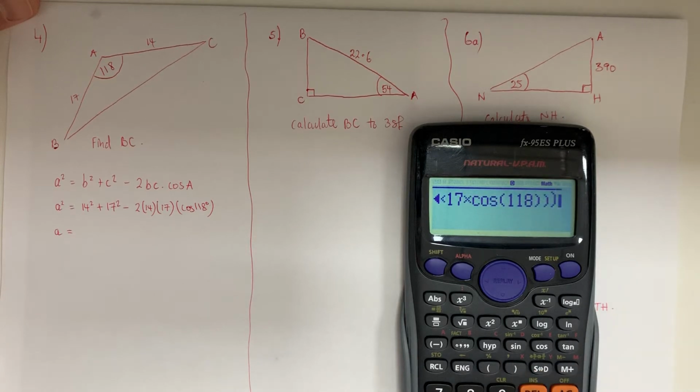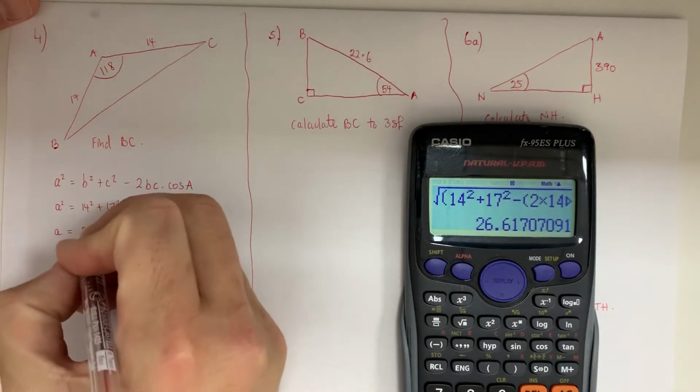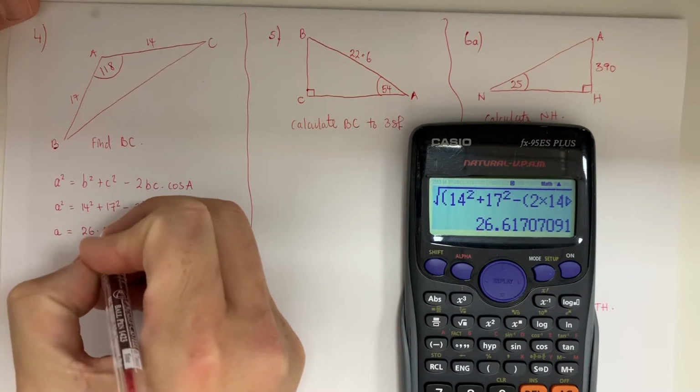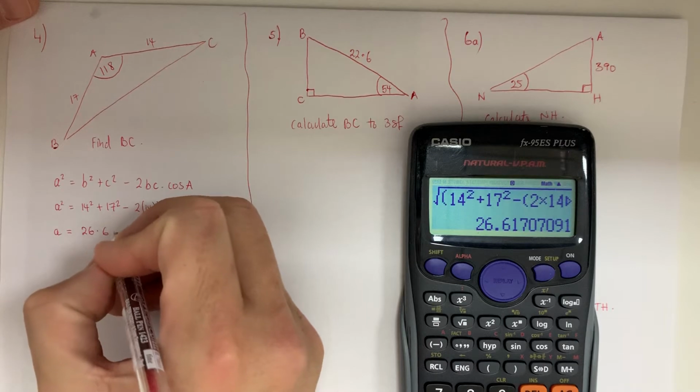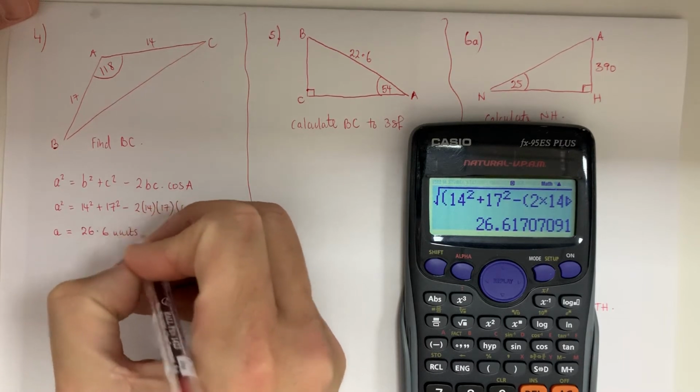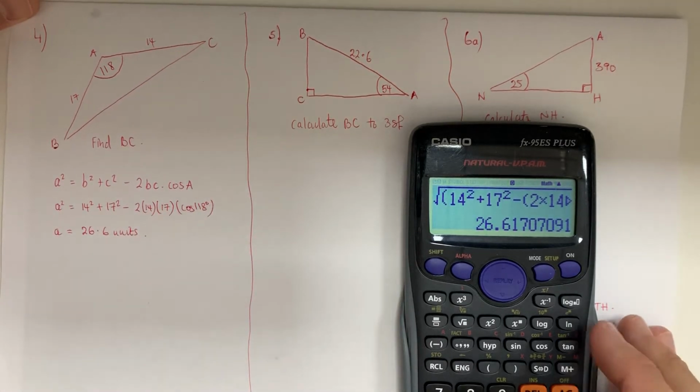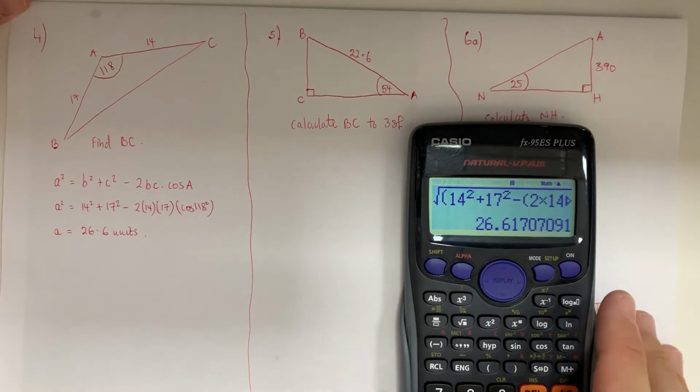So I opened up 3 brackets there. So taking the square root and processing it all correctly, A is equal to 26.6, and then whatever the units were. Okay, that's a nice easy question 4.